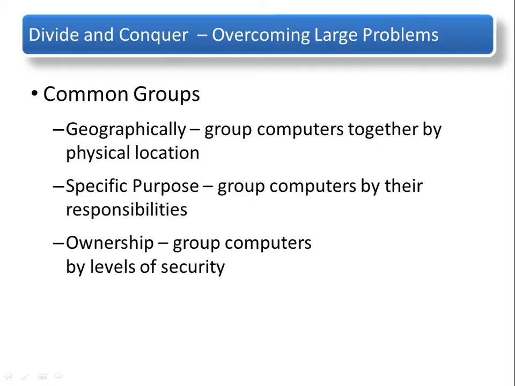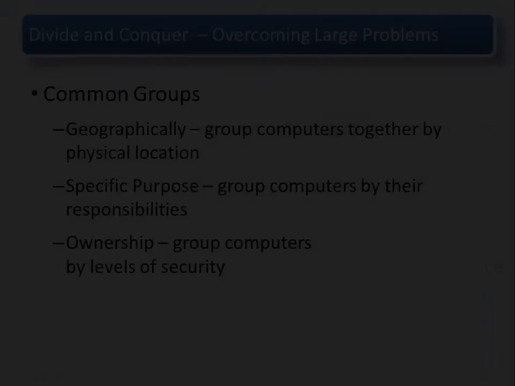Since workers with common tasks tend to work at a single location, administrators would group computers together by these locations. As networking technologies evolved, the nature of work groups began to change. Now network members can be grouped not just by physical attributes, but by abstract attributes such as purpose and ownership.